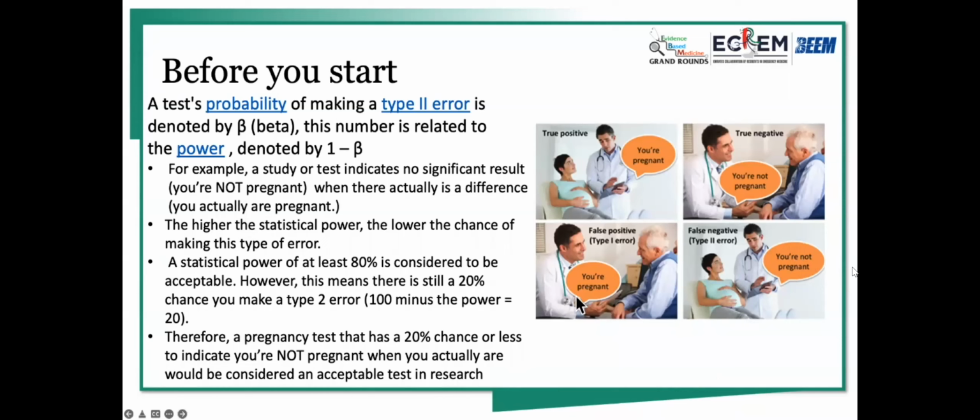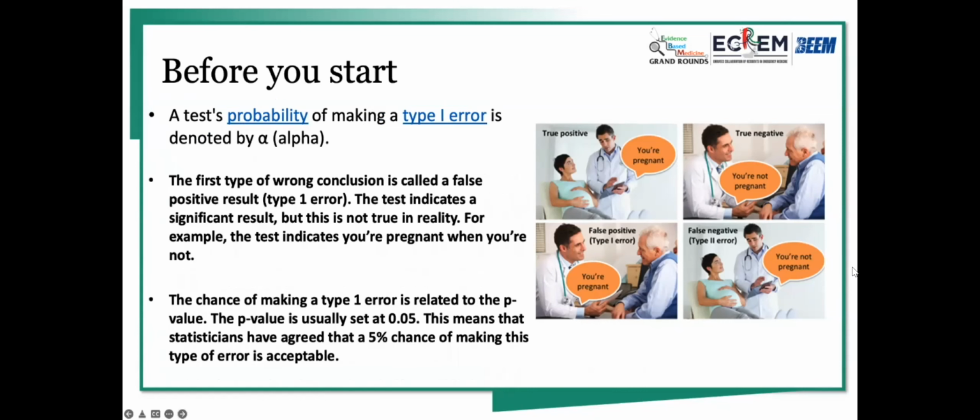So type 1 error is equivalent to a false positive. In other words, I find a difference when there isn't one, and a type 2 error is when I do not find a difference and there is one. That's all that is.